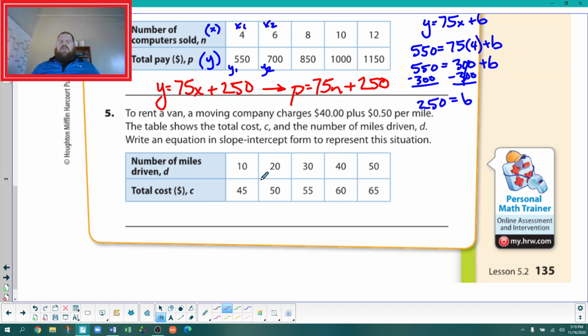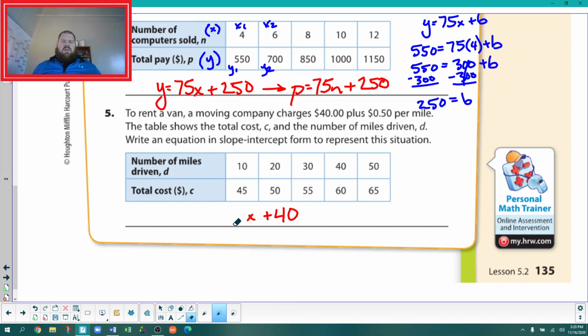You could go through and you could find all the same things that we did already. But you could also read the problem and find it yourself. Since they charge $40 as a base price, that's my y-intercept. Okay, that's my b.